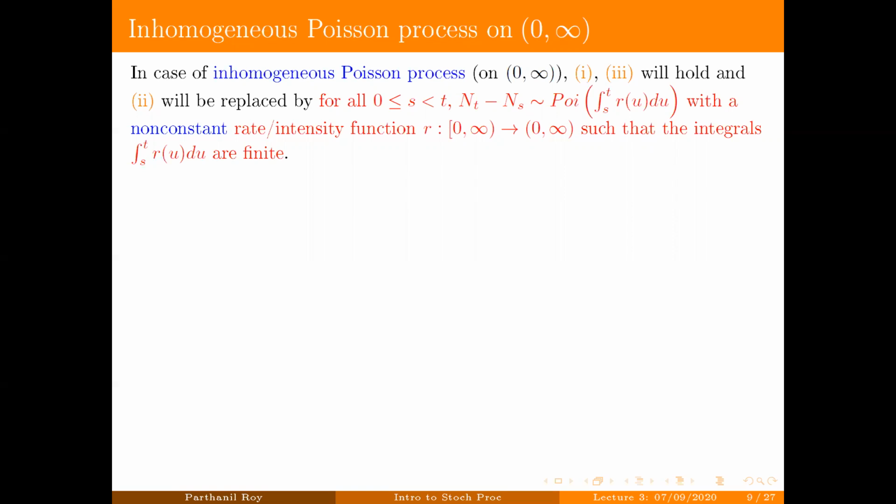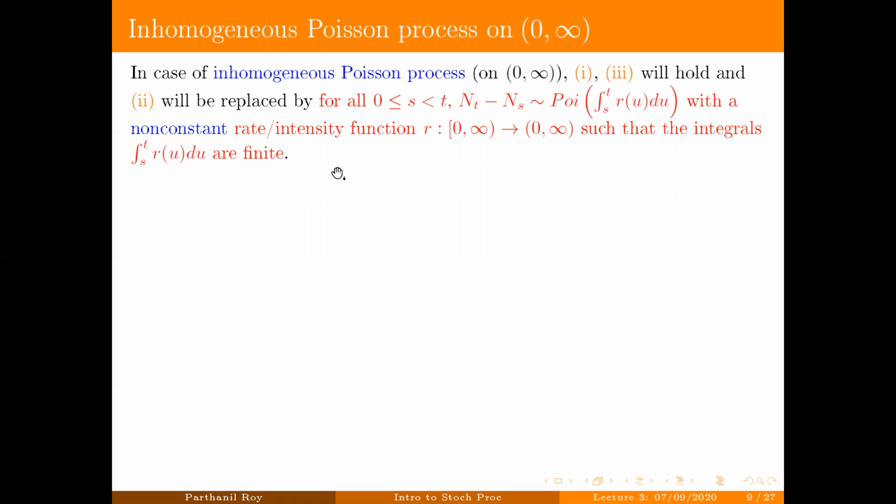The Poissonian increments will remain Poissonian, but the parameter will change. So 2 will be replaced by, for every s less than t, both s and t being non-negative real numbers, the difference N_t minus N_s will be a Poisson random variable whose parameter would be given by the integral of a function r over the interval s to t.